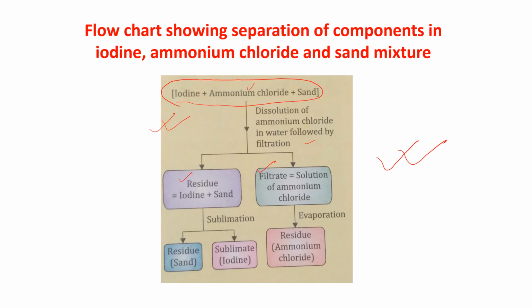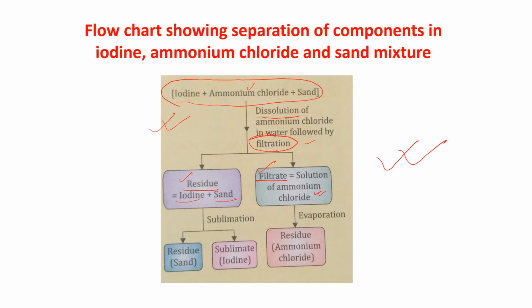Ammonium chloride. So solution of ammonium chloride in the filtrate. And in the residue, that is iodine and sand, because we are dissolving in water plus doing the filtration. Two things we have written together, dissolution and filtration. So we have dissolved the salt into water and filtered it. So we are getting two things, residue part and the filtrate part.